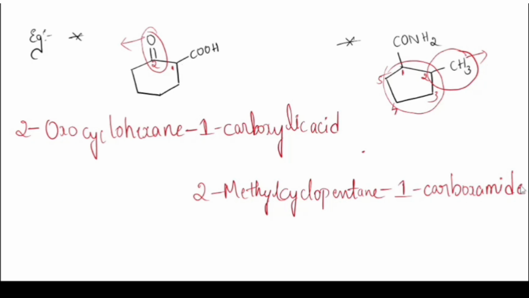Correct, like this we have to name. Here there is a little confusion: if only the functional group is directly attached, the prefix cyclopentyl we will use, but in this particular case we have to fully name it as cyclopentane, without elision of E, E also has to be included in this particular case.